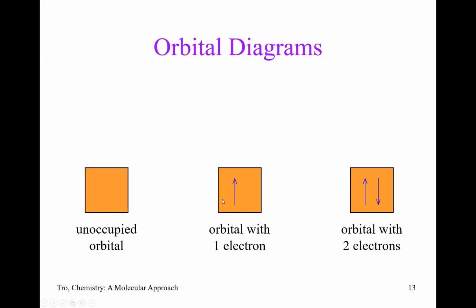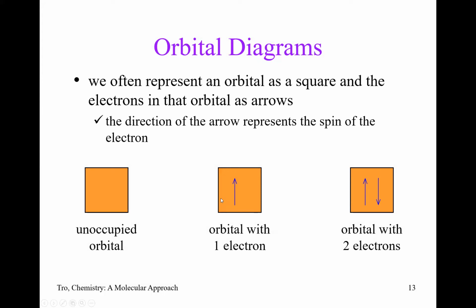Another way of showing it is visually with these diagrams. Here we have an orbital, and they denote it like a box. This is kind of where I make the analogy right back to shoes. The box is empty, there's no electrons. You put one in, we always put the arrow up, and it doesn't matter whether the arrow has two heads or just a half an arrowhead.